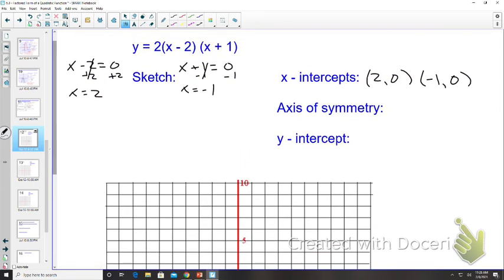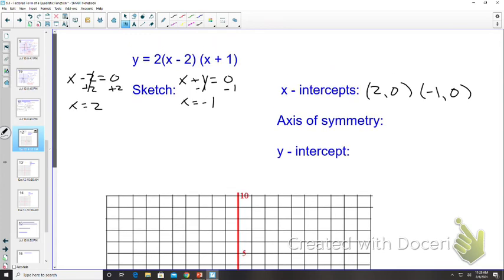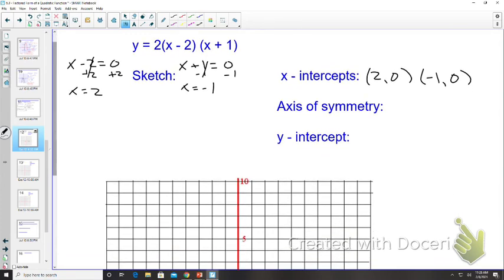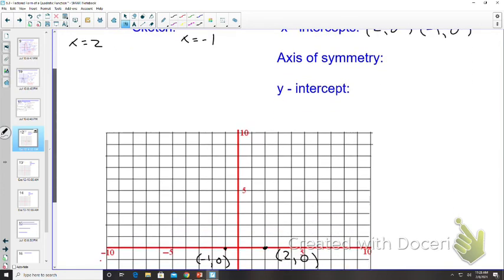What else? Axis of symmetry. How would I calculate that? Sorry. Okay, so for something like this, you're not going to be able to use your calculator. When it's in factored form, you just got to use your brain. So we found our x-intercepts from this. Now, how am I going to find my axis of symmetry?